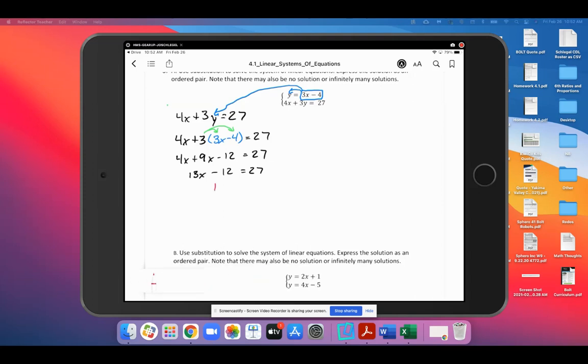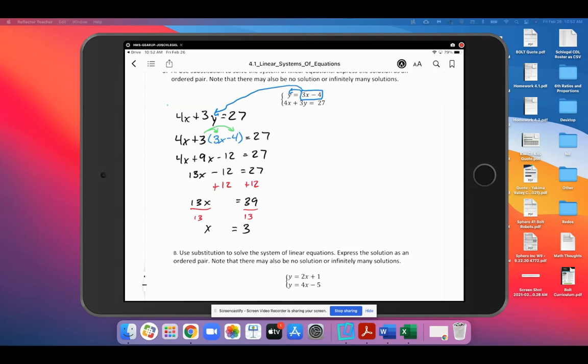I'll go ahead and add 12 to both sides. I will get 13x. Oops, that's a terrible looking 3. 13x equals 39. And so I will divide by 13. And I end up with the equation x equals 3.